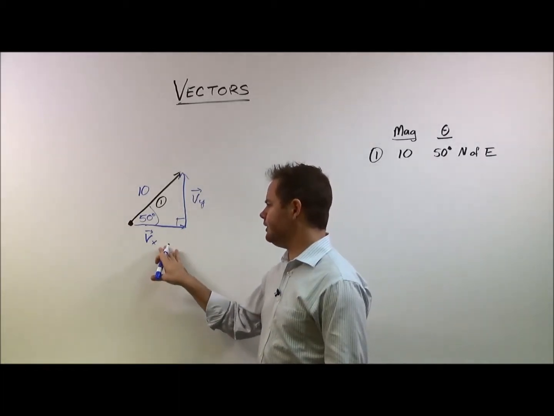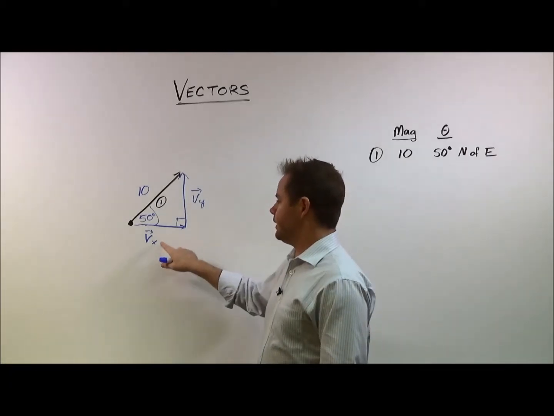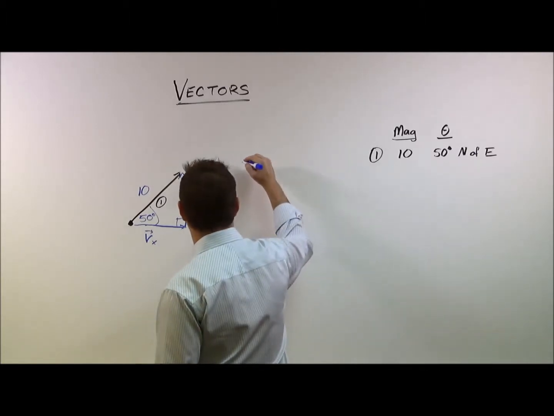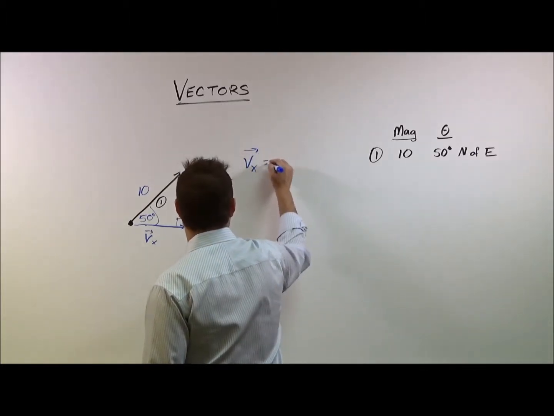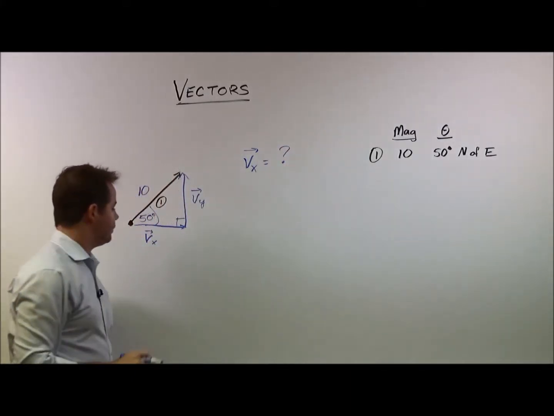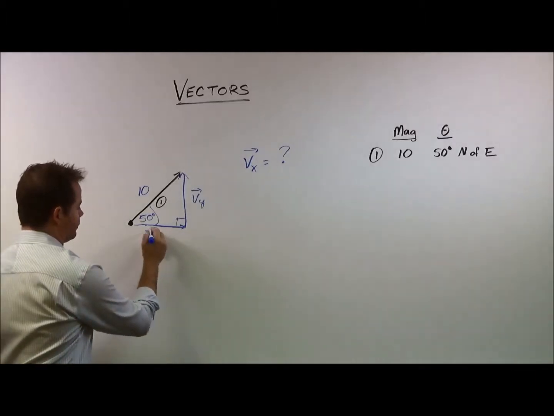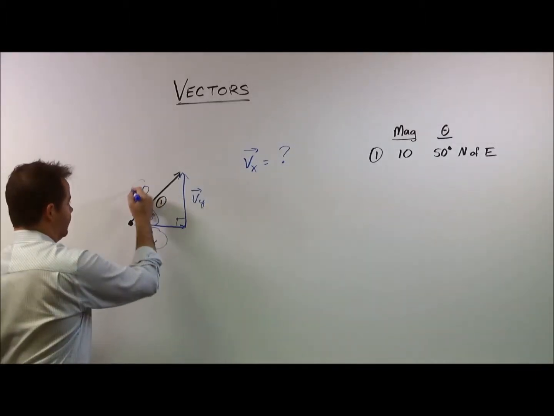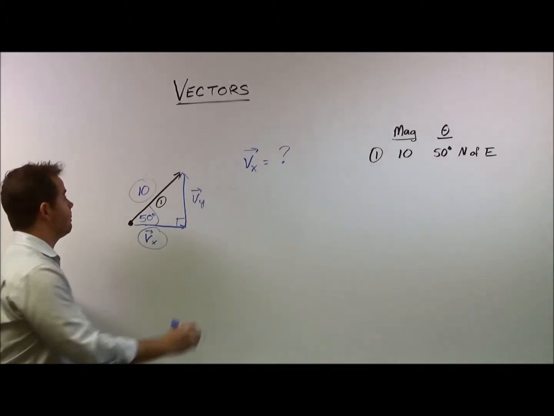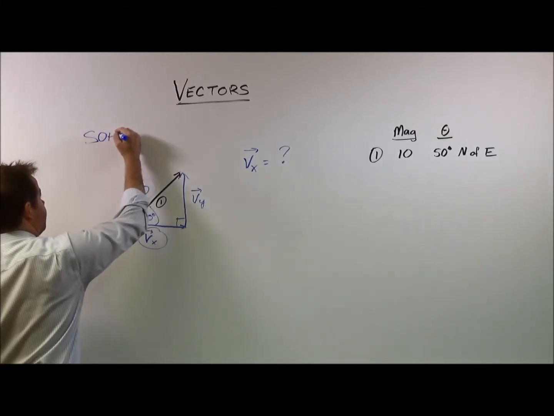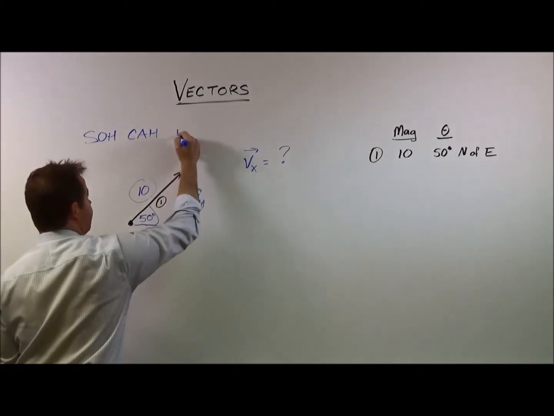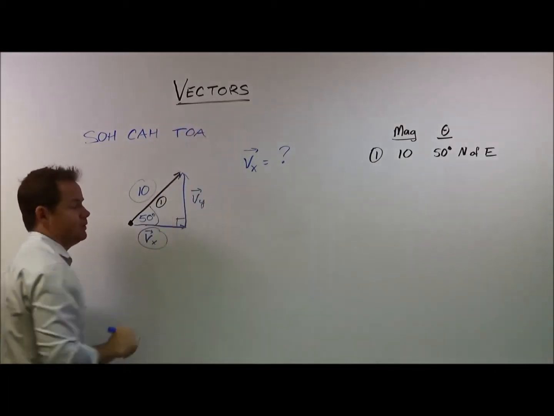So in this case, we want to find what that horizontal component is. So we'll start with the horizontal component, and I'll put my calculations here. So Vx. How are we going to solve for Vx? Well, if we take a look at our right triangle, we're looking for this side, and we know the value of this side. So compared to this angle, if we think SOHCAHTOA, sine is your opposite over your hypotenuse, cosine is your adjacent over your hypotenuse, and tangent is your opposite over your adjacent.